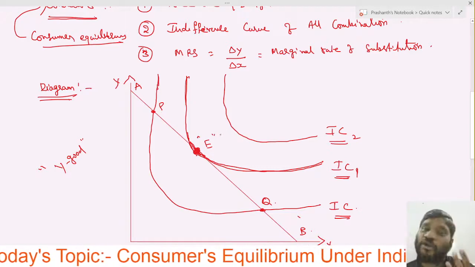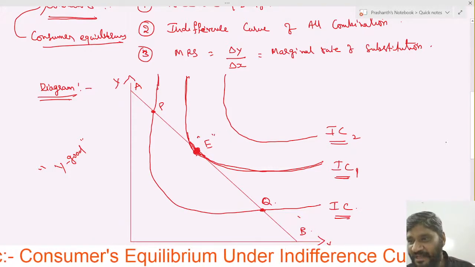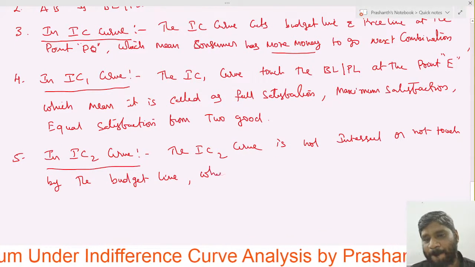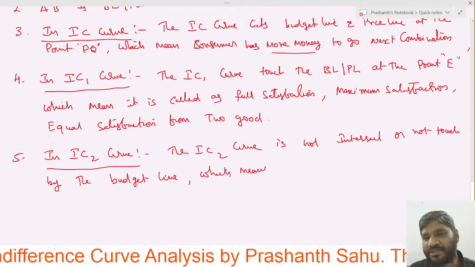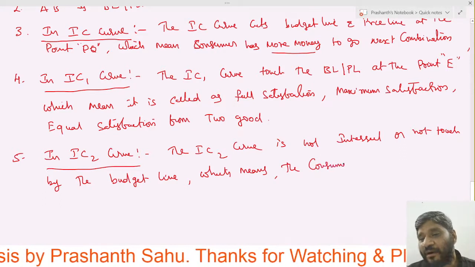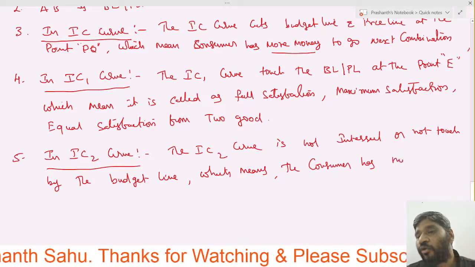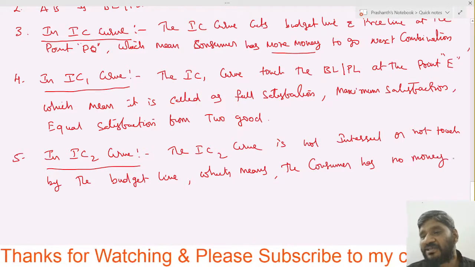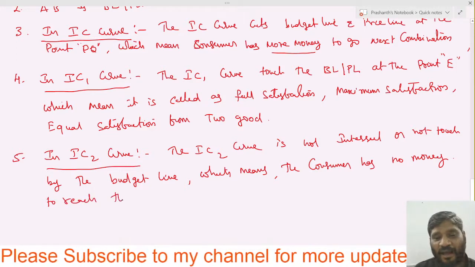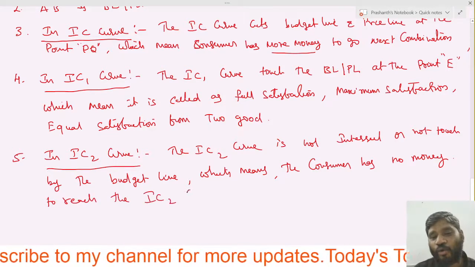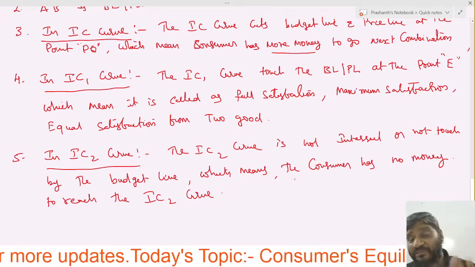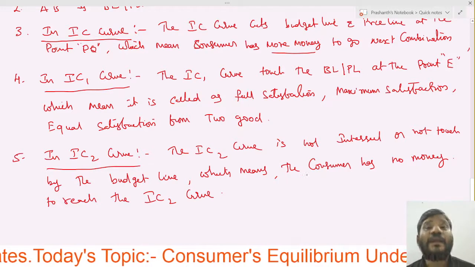Neither touch nor intersect, which means the consumer has no money to reach the IC2 curve. He has no money to go to the IC2 curve.